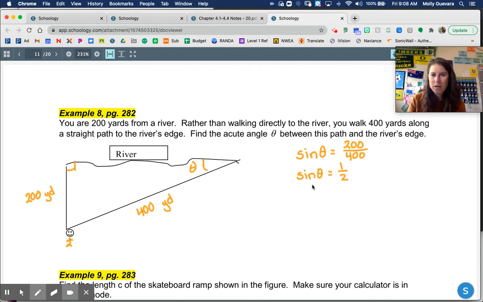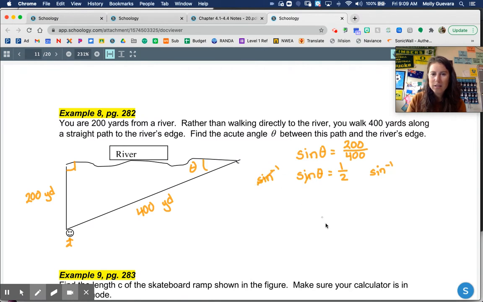And I want my angle, so I'm going to have to take the sine inverse. Hopefully we remember that from geometry. I cannot divide by sine, but what I can do is take the sine inverse of both sides.